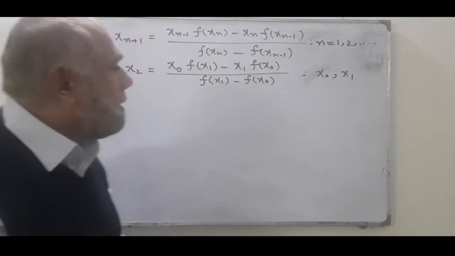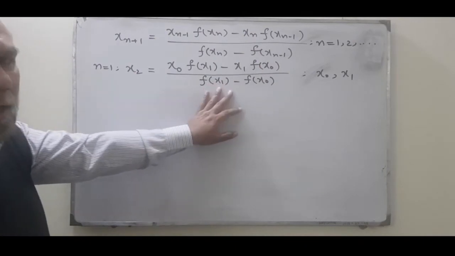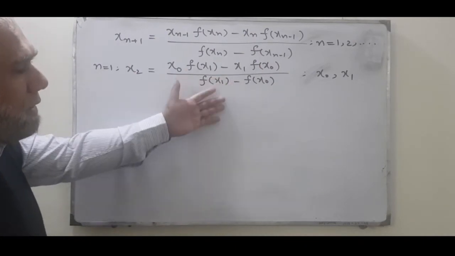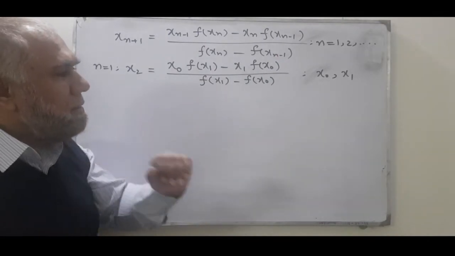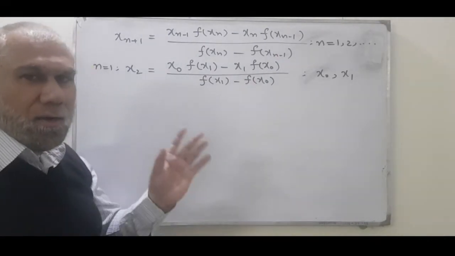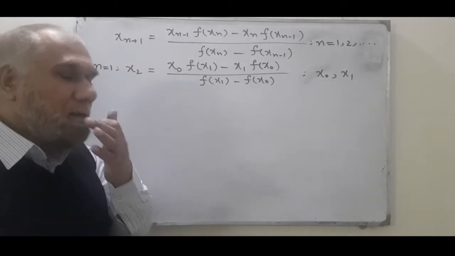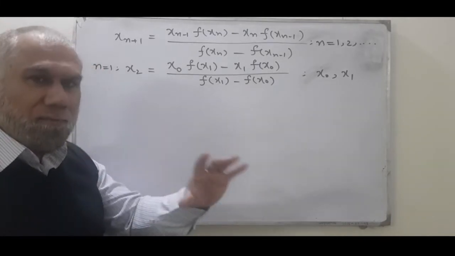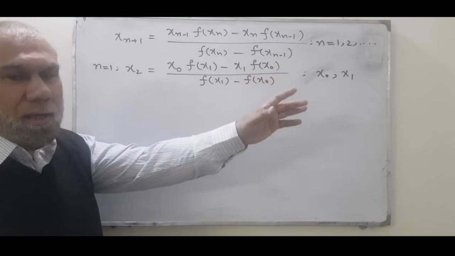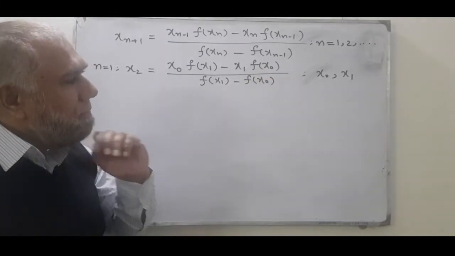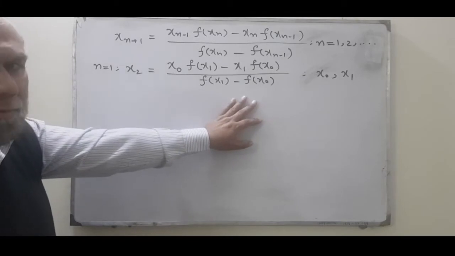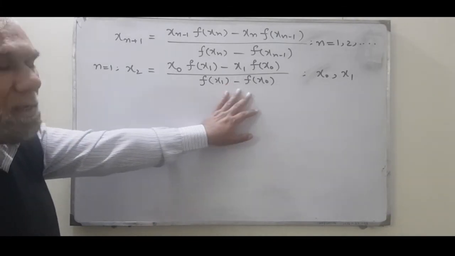The important thing is that just by changing the index, you can proceed to the next better approximation. The second important thing is that in the regular false position method or the bisection method, we observed that if one value of the function is above the x-axis, the other should be below the x-axis. Here you can take both values above the x-axis or both below the x-axis.